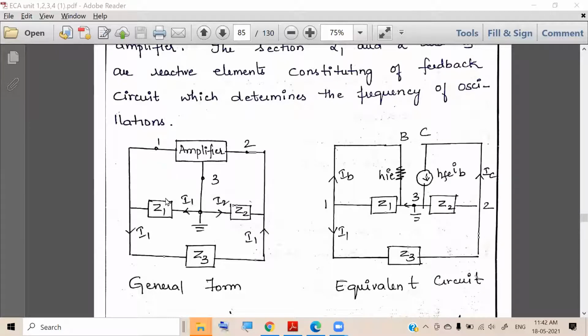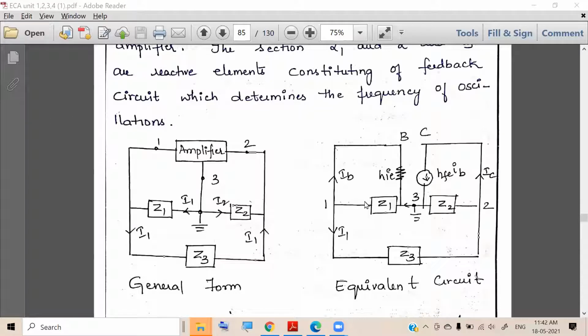Whatever I1 comes here, almost the entire amount flows in the other branch also. Hence, in both circuits, we can approximate that the current through Z3 is also I1.